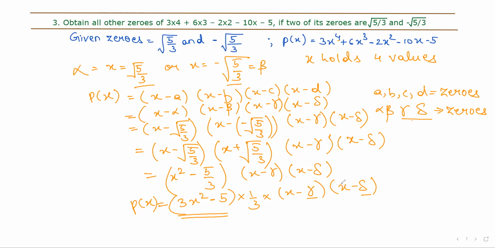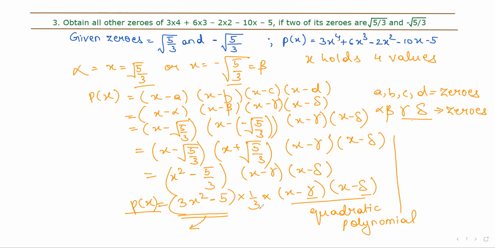We know that if you have two linear expressions like these, they will form a quadratic polynomial. And here you have p of x given to you, 3x square minus 5 obtained by calculation of the given values. This is in multiplication with the required quadratic polynomial.